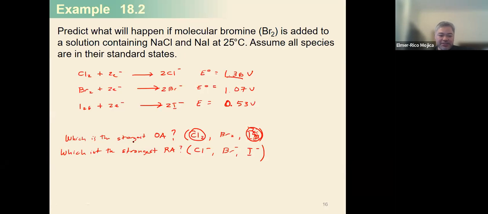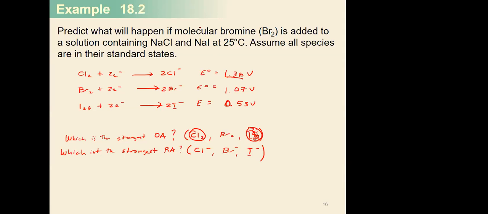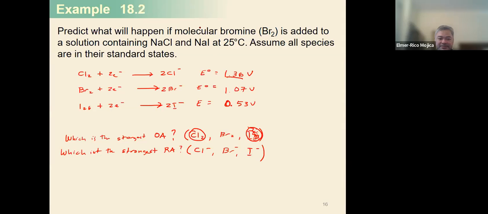Now, how about this one? Which is the strongest RA? Is it Cl minus or I minus? Anyone? It's the I minus.